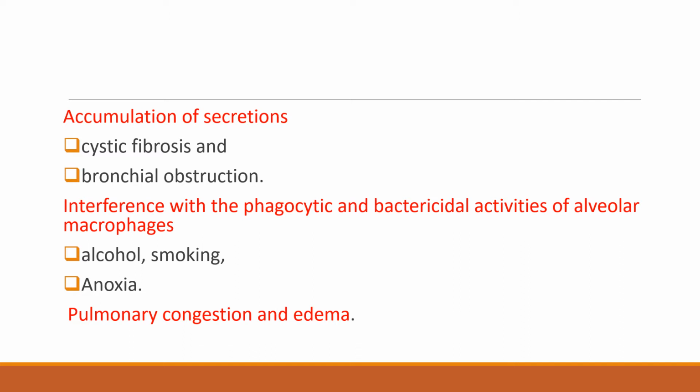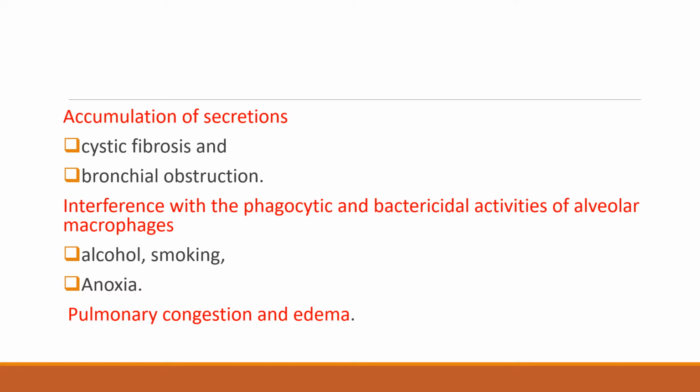So when there is a mutation in one or both copies of this gene, ion transport is defective, and that results in a buildup of thick mucus throughout the body, leading to respiratory insufficiency and bronchial obstruction. So in both conditions there is accumulation of secretions, and that will lead to superimposed infections.